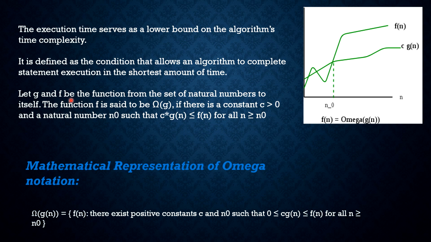Let g and f be functions from the set of natural numbers to itself. The function f is said to be omega of g if there are constants c greater than or equal to 0 and a natural number n0, the intersecting point, such that c g of n is less than or equal to f of n for all n greater than or equal to n0. We see this diagram, which elaborates it.